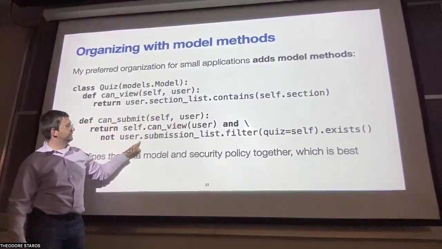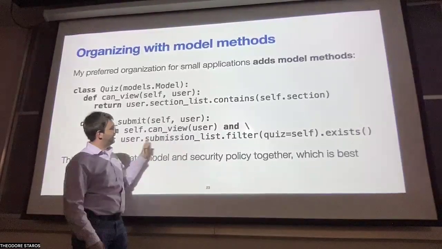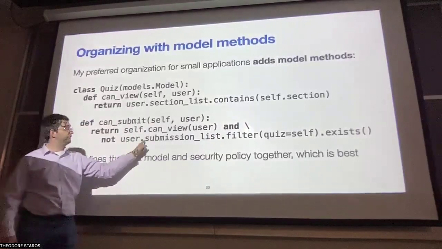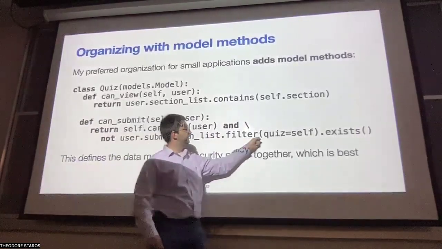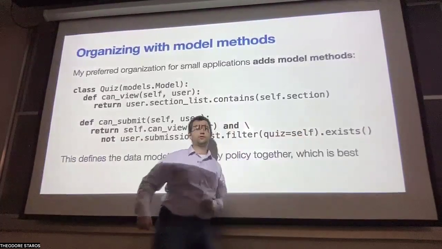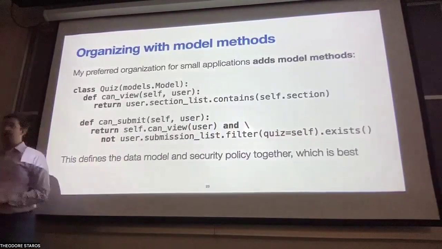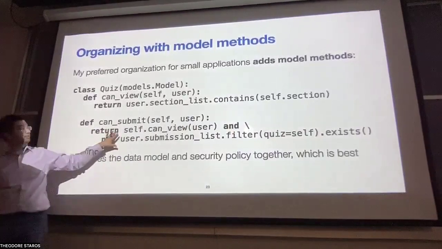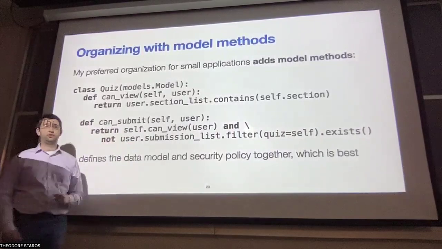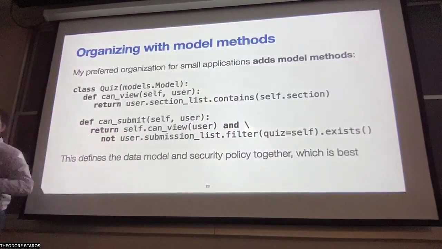So it's testing, has the user not submitted to the current quiz? Checking, does this user's list of submissions have a submission to the current quiz? And if so, don't allow. So again, I've moved this authorization logic. This is a fairly complicated bit of authorization. This is saying that you can't submit a quiz twice.